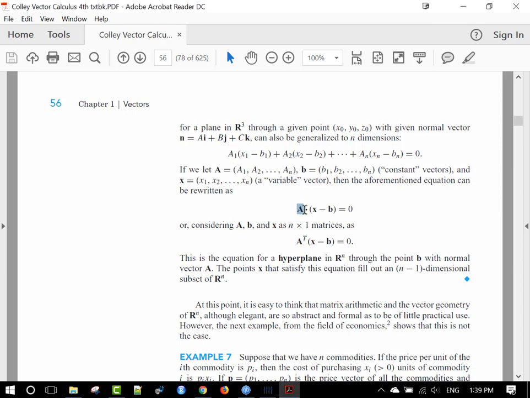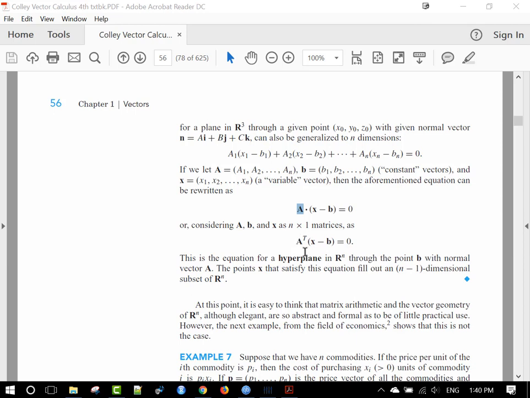So these are all vectors, but we can think of them as matrices with n rows. And then we can rewrite this. We'll get the same thing if we write it this way, when we think of A as a vertical vector, or a vertical matrix, and then we take the transpose of it.